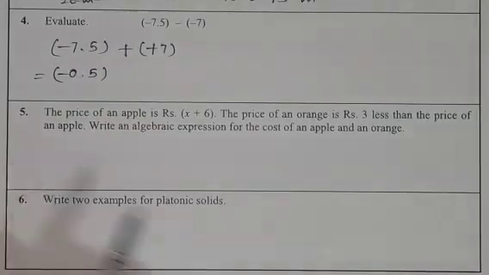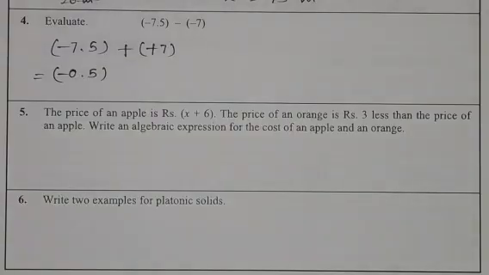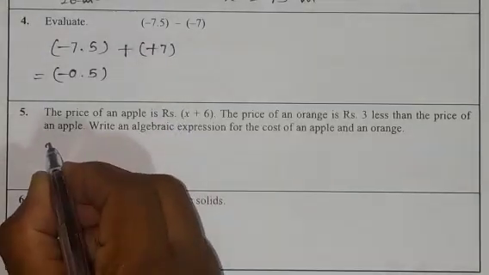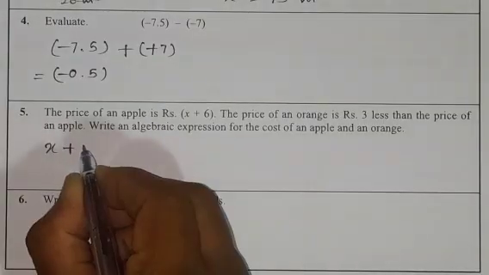Then question number 5. The price of an apple is x plus 6. The price of an orange is 3 rupees less than the price of an apple. Write an algebraic expression for the cost of an apple and an orange. Price of apple is x plus 6.